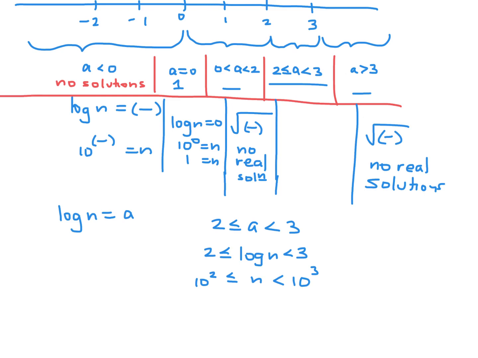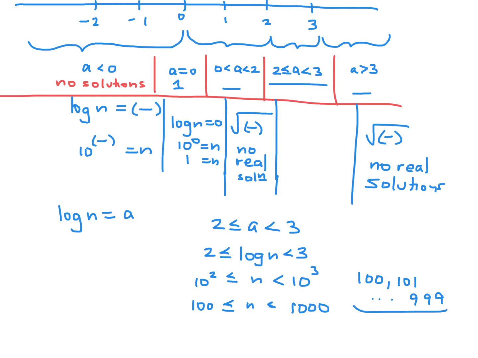So that means n is between 100 and 1000. So it includes 100 and then 101 like that, but then it eventually goes to 999, because you don't include that 1000. It's got to be less than.